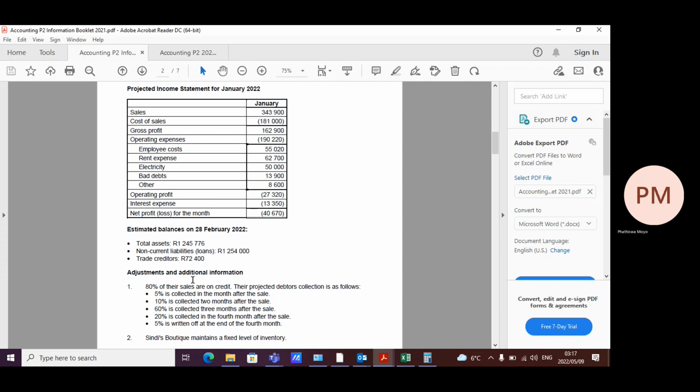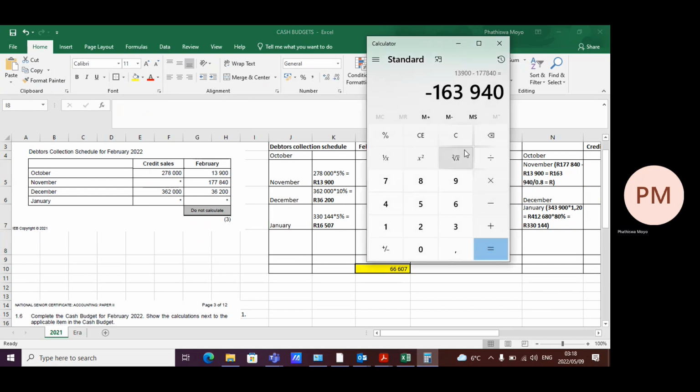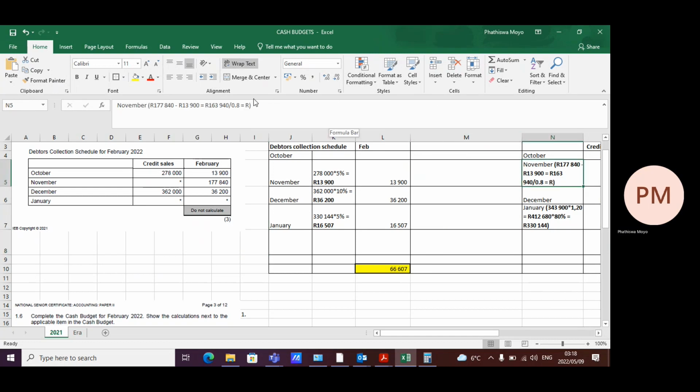Is it 5%, 10% after this? It's around 80% of this is credit sales. 249,2. Those are the credit sales.